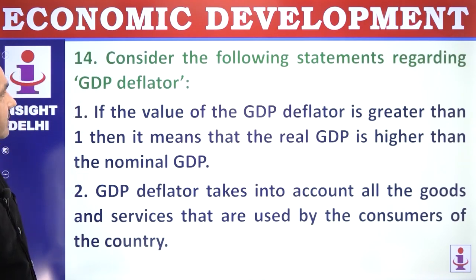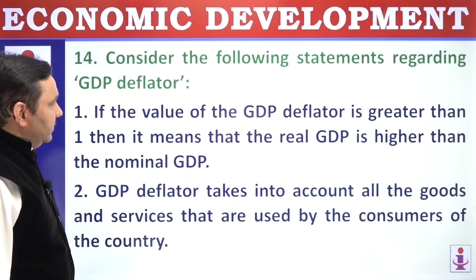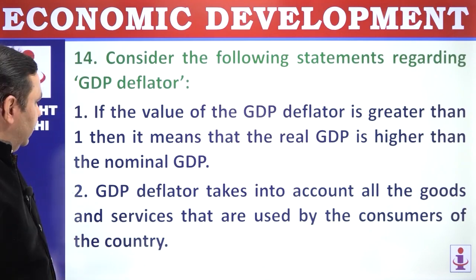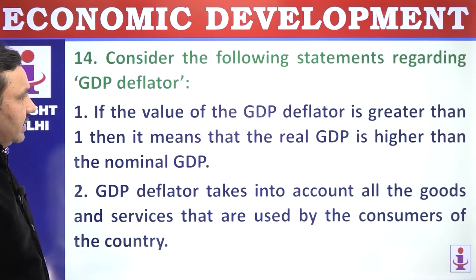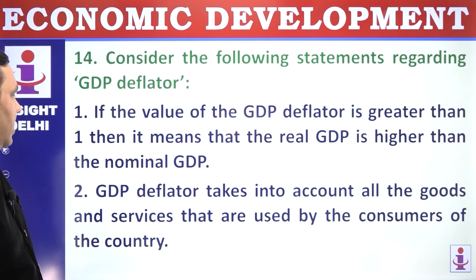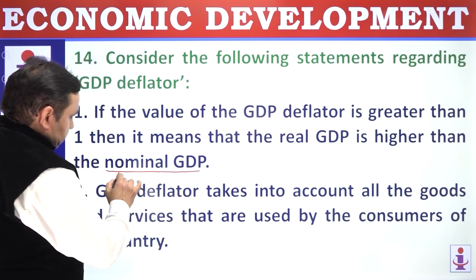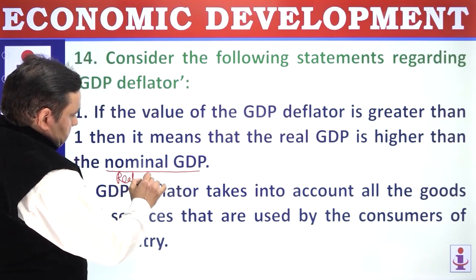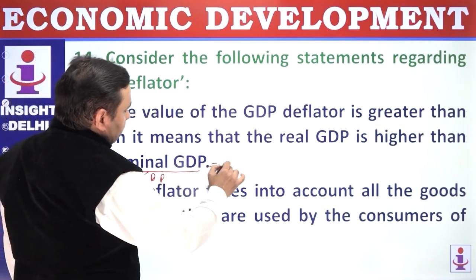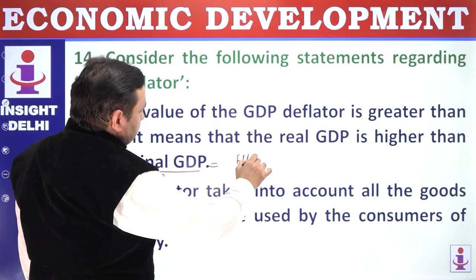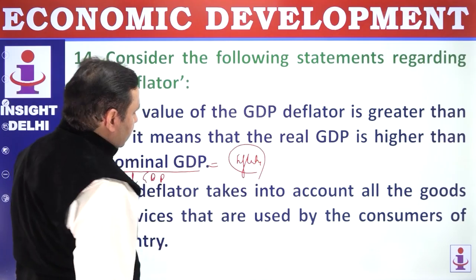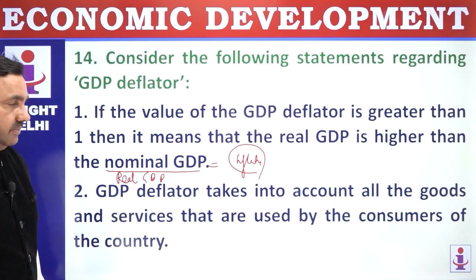14. Consider following statements regarding GDP deflator. If the value of GDP deflator is greater than 1, then it means that real GDP is higher than nominal GDP. GDP deflator is nominal GDP upon real GDP. And this gives a kind of idea of inflation. Nominal means with inflation, real means without inflation.